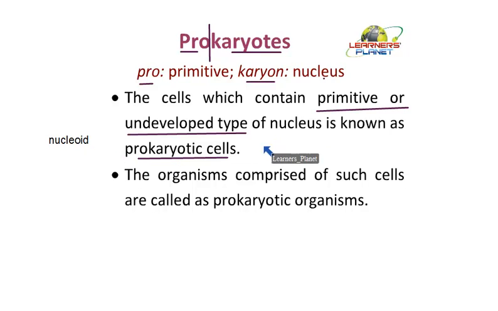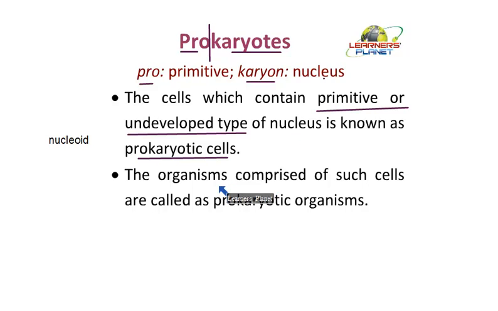So we can summarize the point here: this region which is performing a similar function to that of the nucleus in eukaryotes is present in the prokaryotic cells in the form of nucleoid. And this nucleoid could be defined as the primitive form of nucleus.